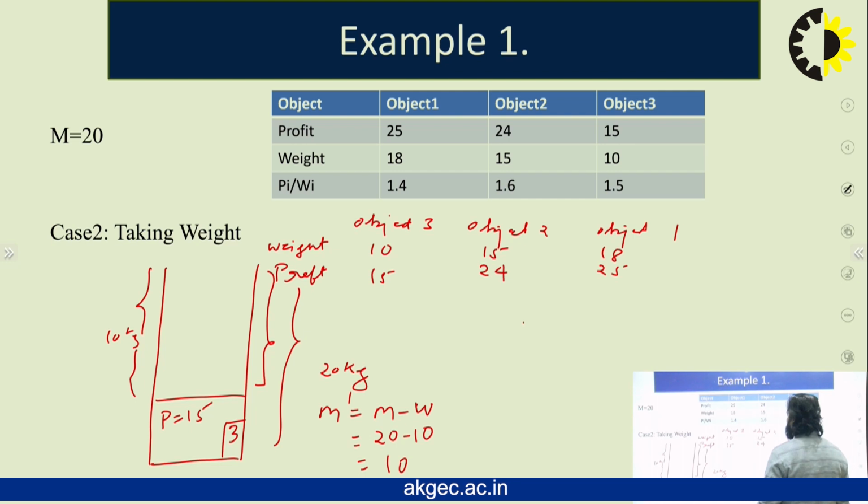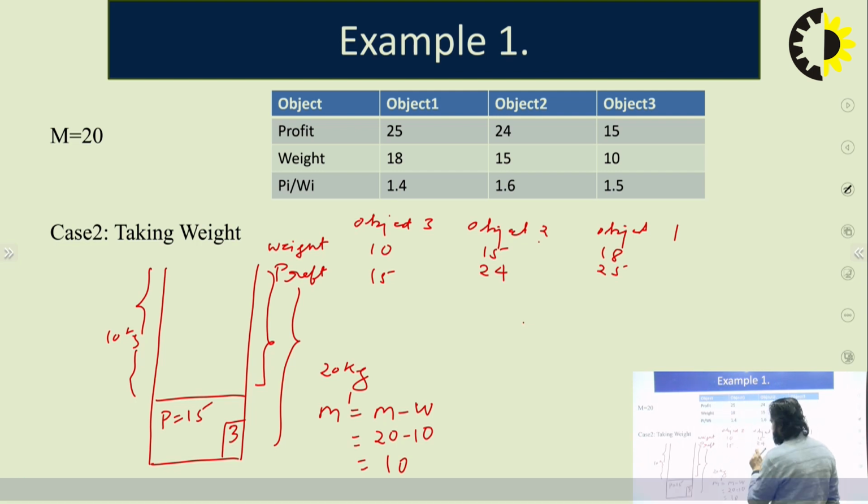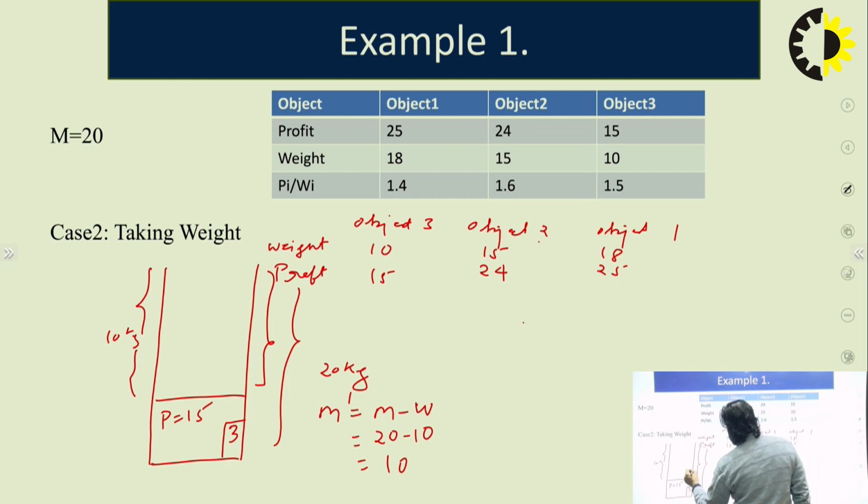Next we take object 2, but its required weight is 15 and the remaining weight is 10. So we take a fractional part of object 2, not the complete object.